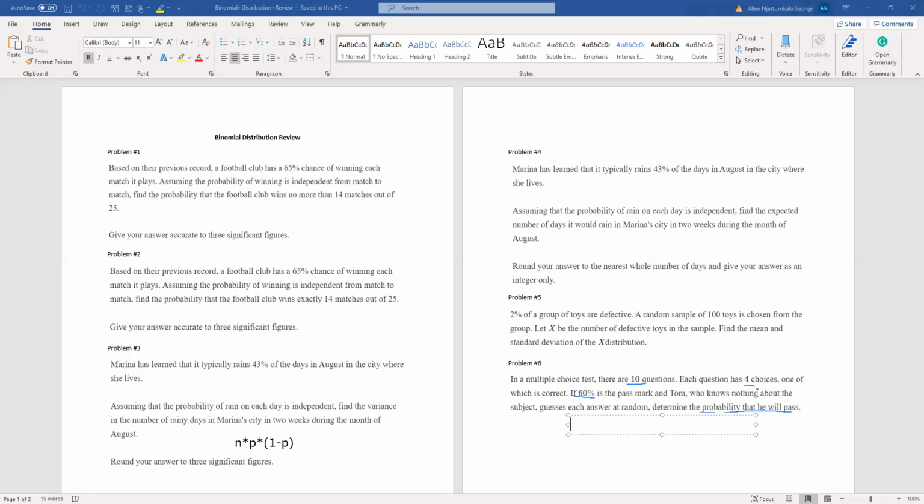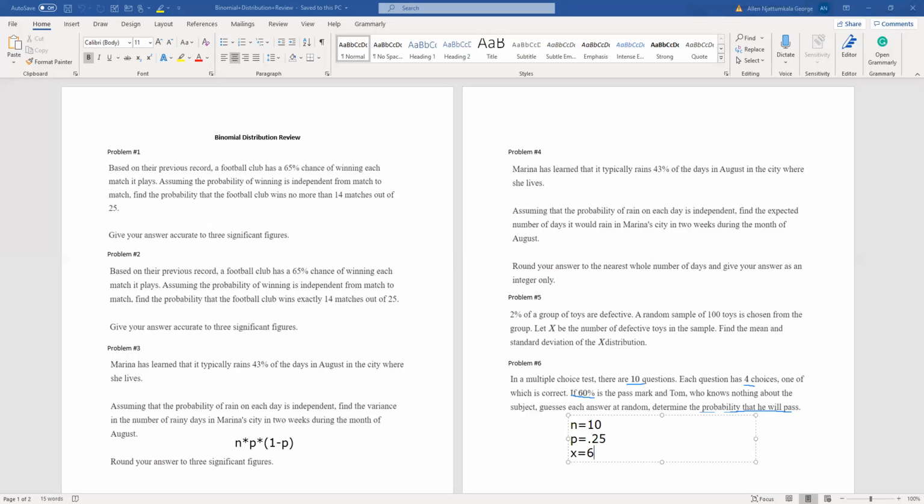So in this one, n would be equal to 10. P would be equal to 0.25 because of 4 choices. And then he needs 6 questions to pass, so your X would want to be 6.